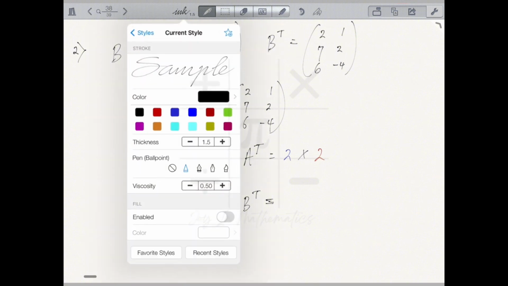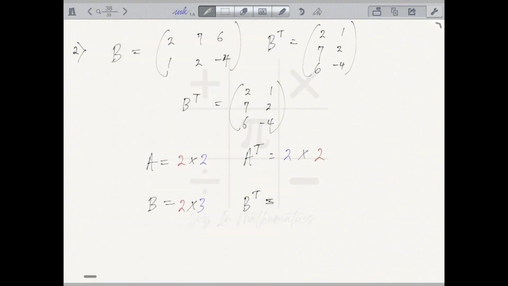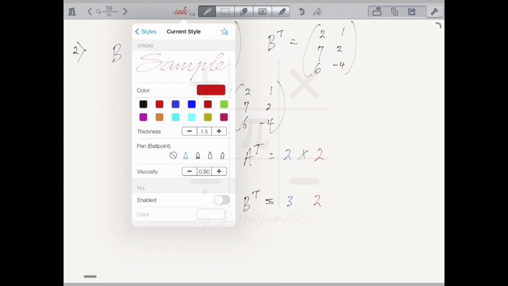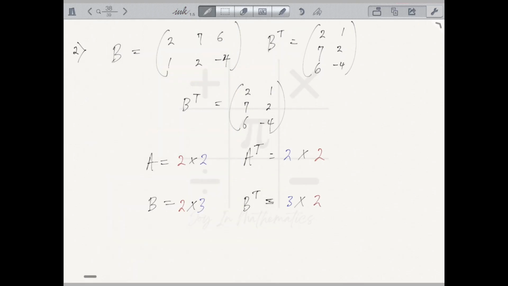This means we have a 3 by 2 matrix. If you look at this, the B transpose here is a 3 by 2 matrix.